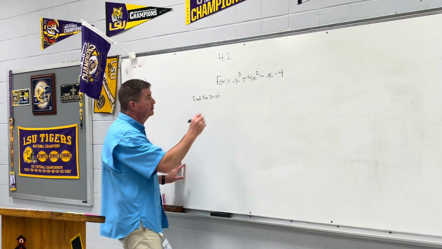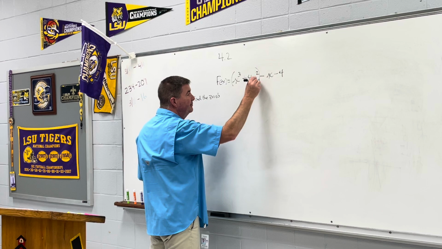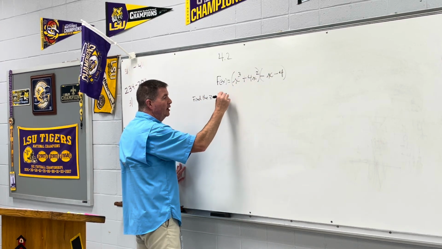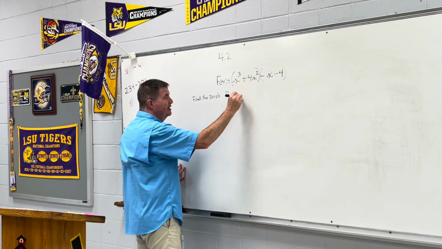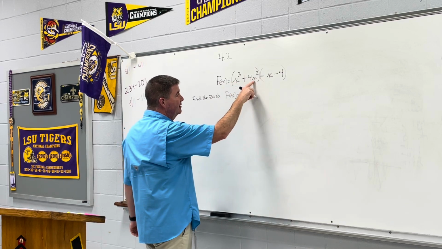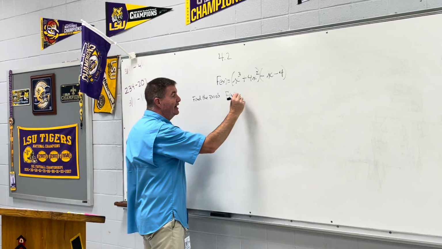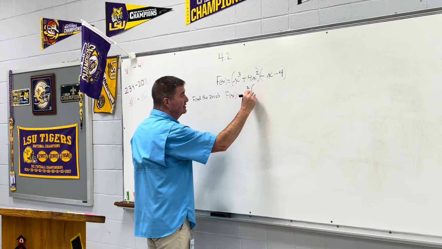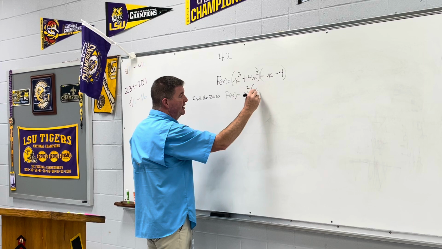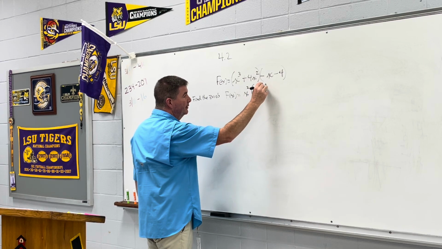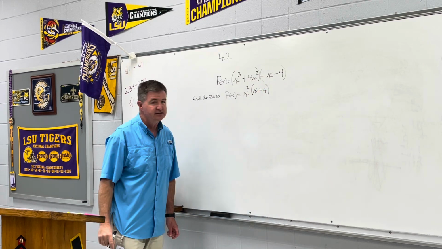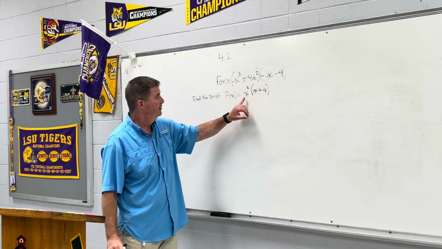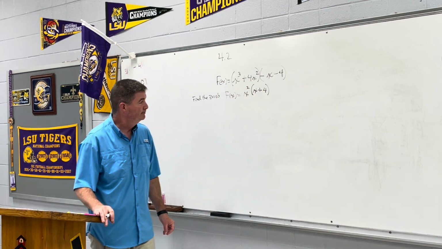So we're going to group the first two together and the last two together, and factor out what we can. In the first group, we have x to the third and x squared. We can factor out an x squared, leaving me with x plus 4.